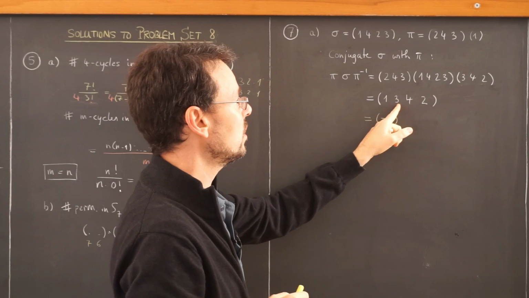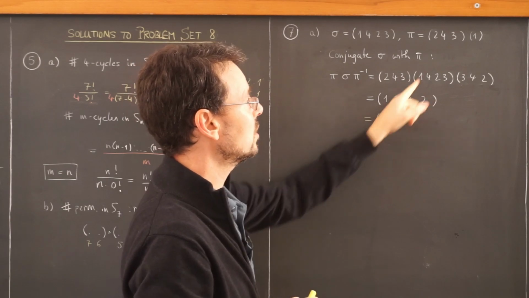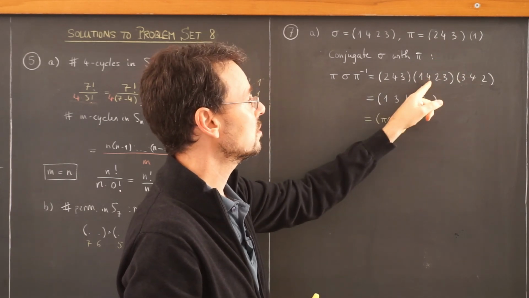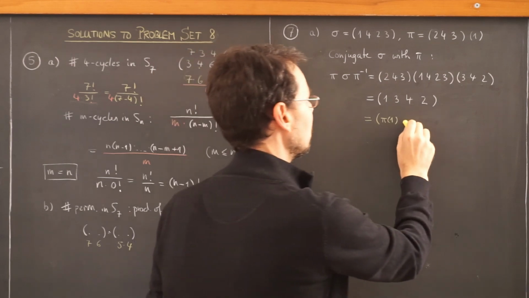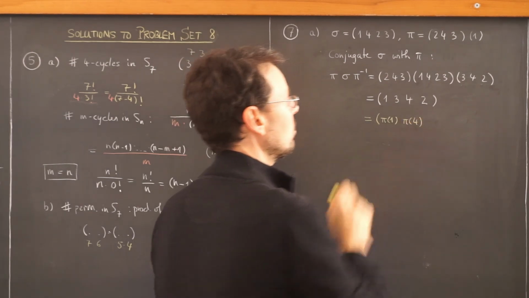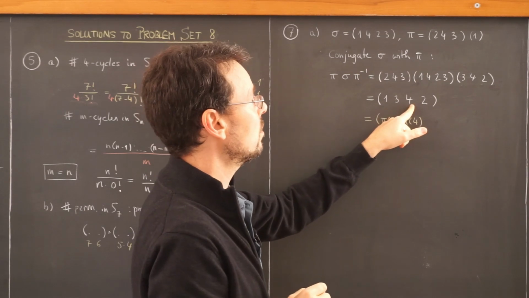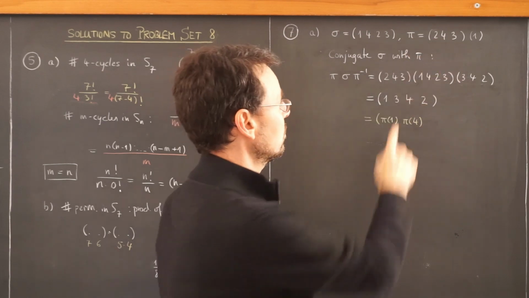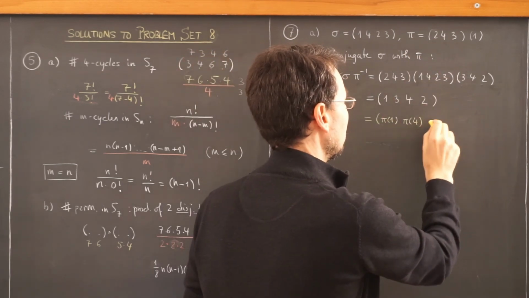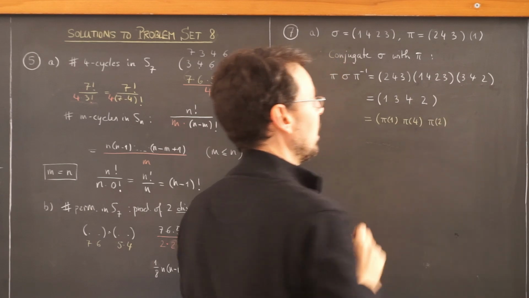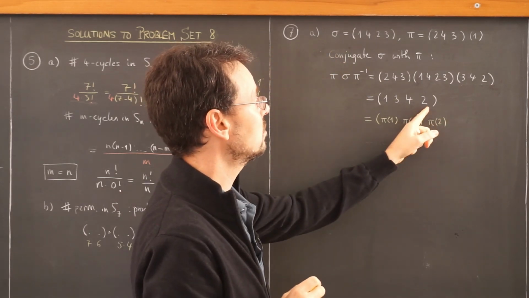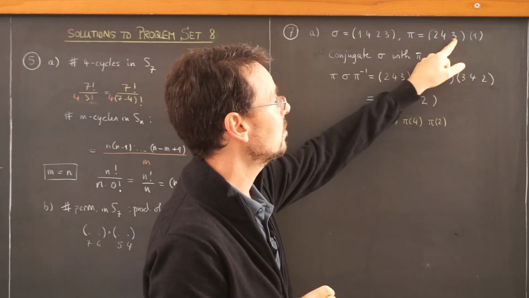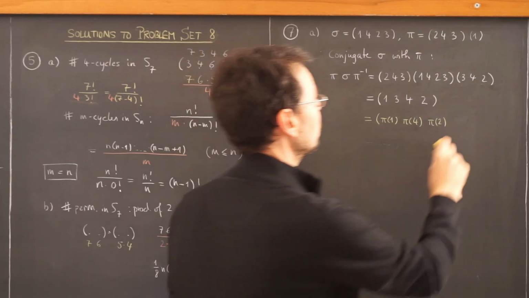Now what is 3? 3 is actually pi applied to 4 because pi moves 4 to 3. So instead of the 4 here, I end up with pi of 4. Same here, 4 is the image of 2 under pi, so this 2 gets replaced by pi of 2, and finally this 2 here is the image of 3 under pi because pi moves 3 to 2.